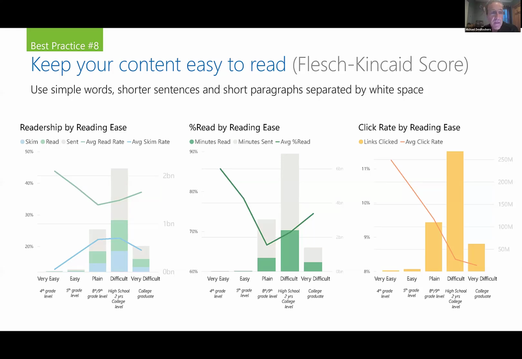Now, part of that is just the fact that not many get sent, so it's a smaller sample size. But the other part is when content is easy, and it's not just based on the words.